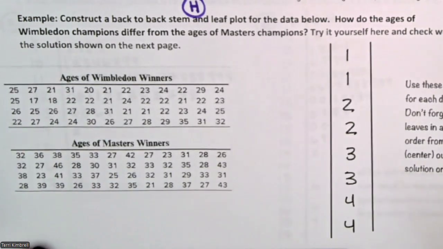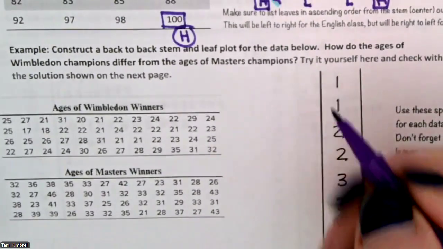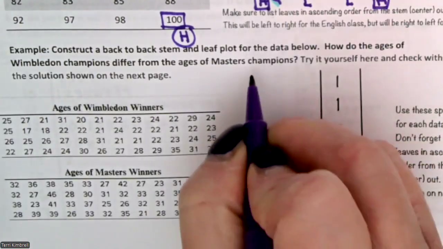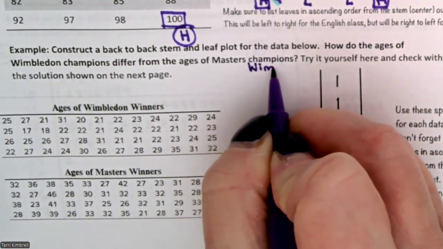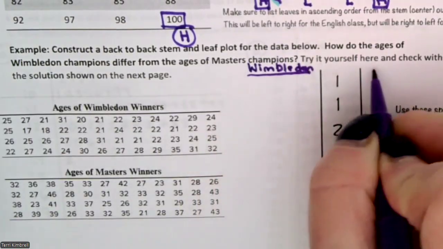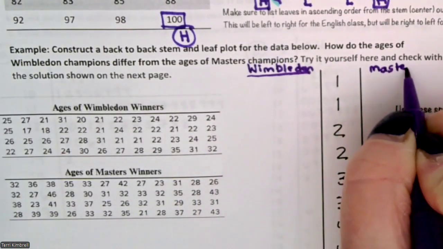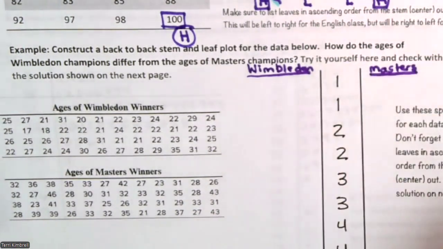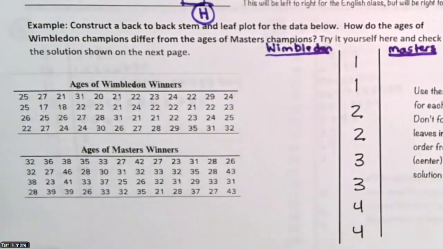So we first want to label each side. This side I'm going to put Wimbledon, and this side I'm going to put Masters, okay? I'm going to look at the ages.